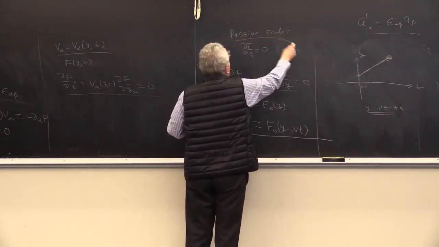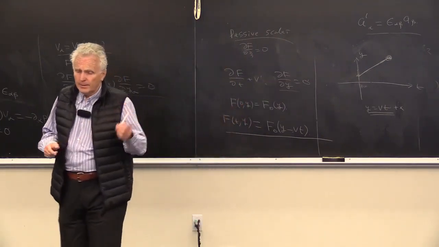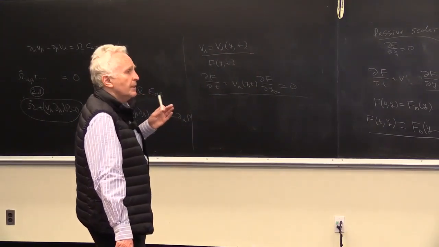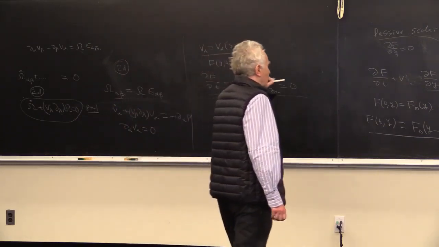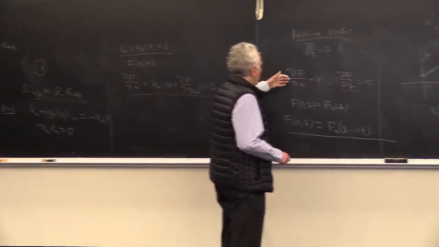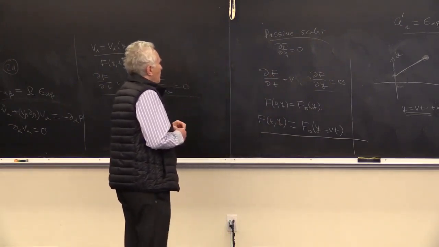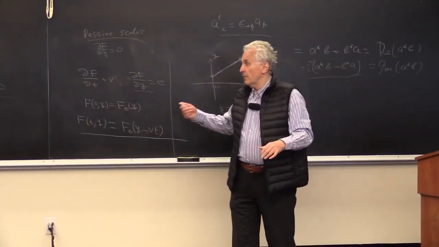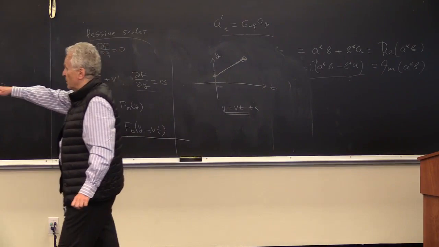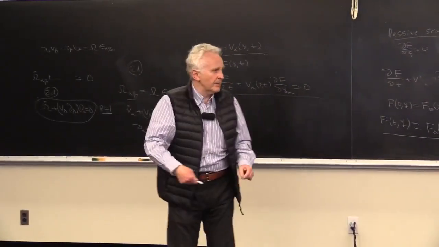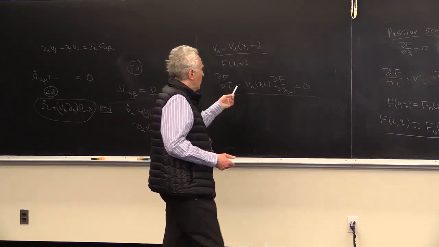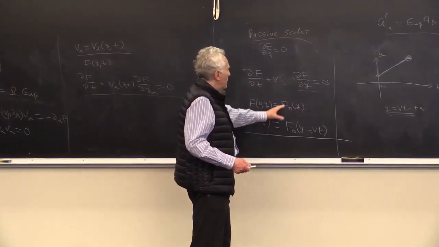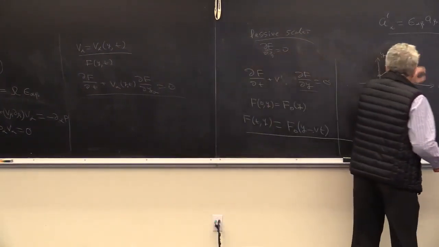People in recent years have been very much interested in how to describe the passive scalar in the turbulent background. Running somewhat ahead of myself, we will also treat passive vectors and passive tensors, but I'm not ready to explain this yet. Passive scalar means that it just goes with the flow, as here.